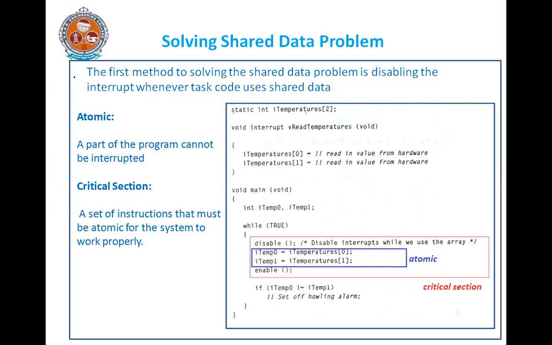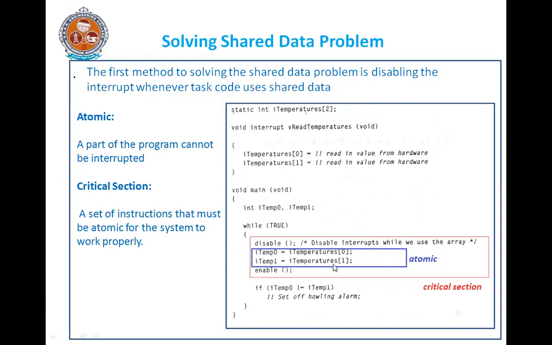So for solving this shared data problem, these two lines are important. What we have to do is disable the interrupts. You can use a function, disable, that disables all the interrupts for a while. Till both the temperatures are read, the interrupts will be in the disabled position.